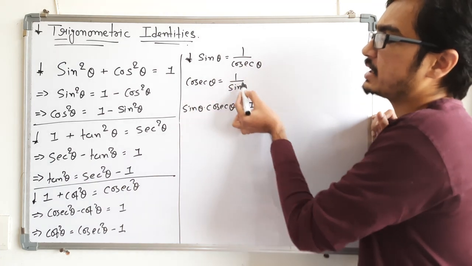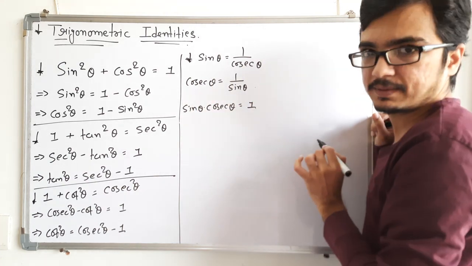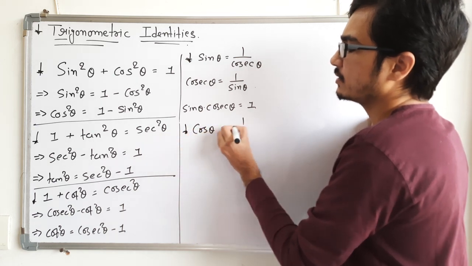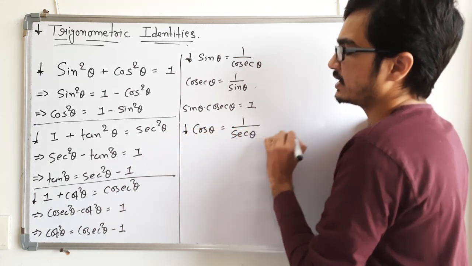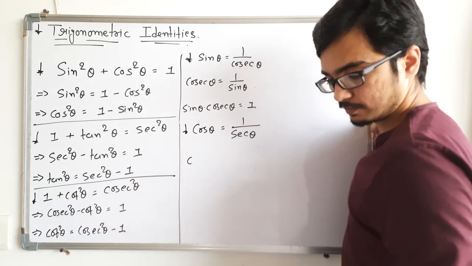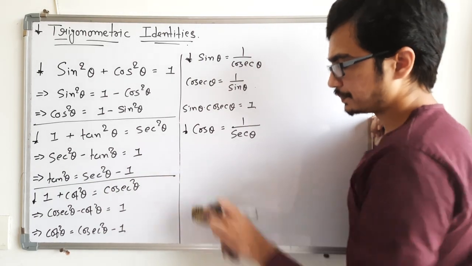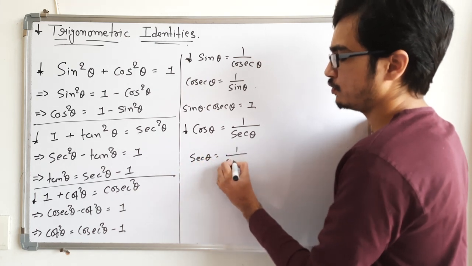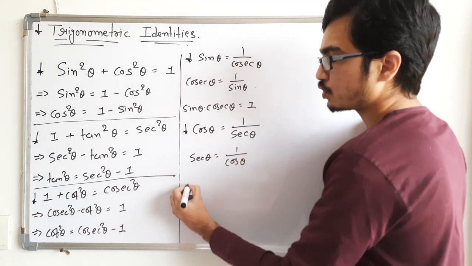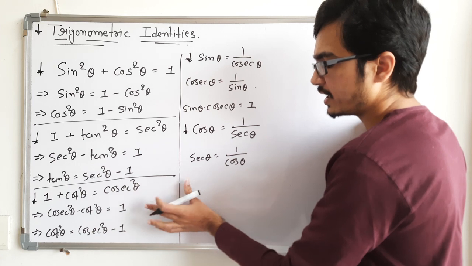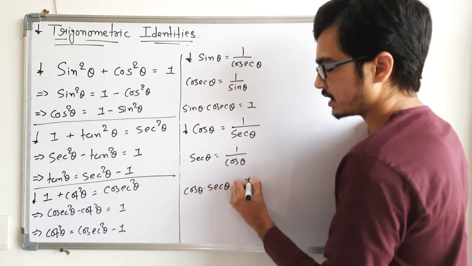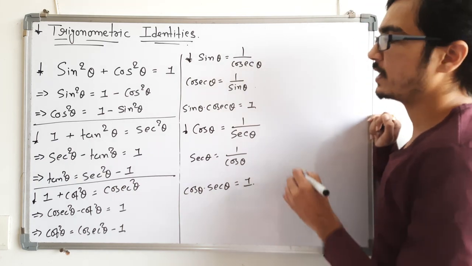So cosec can be converted into the form of sine like this. Then after we have cos theta and sec theta, which are reciprocals of each other. So cos theta is equal to 1 upon sec theta, and sec theta is equal to 1 upon cos theta. So cos theta into sec theta will be equal to 1.